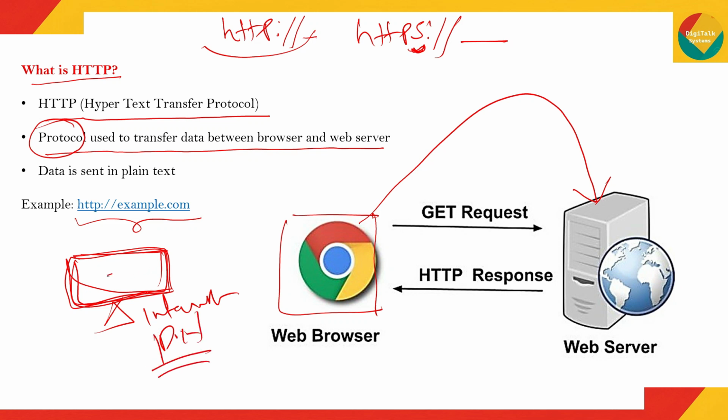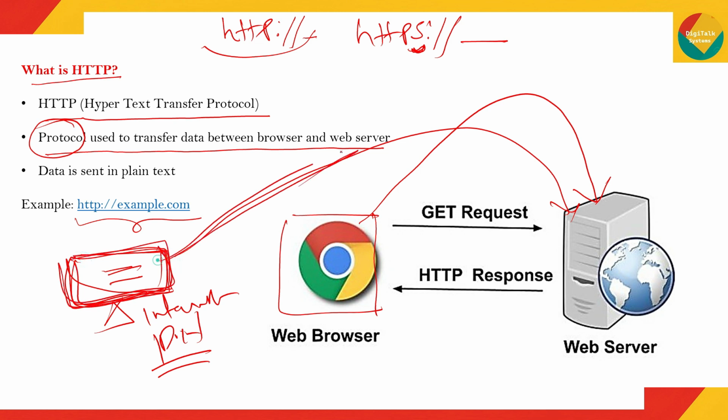This request is going to reach the end server, and all the communication between your system and the end server will be over the internet, which is also called the public network.